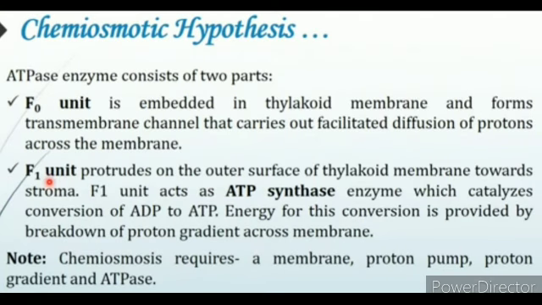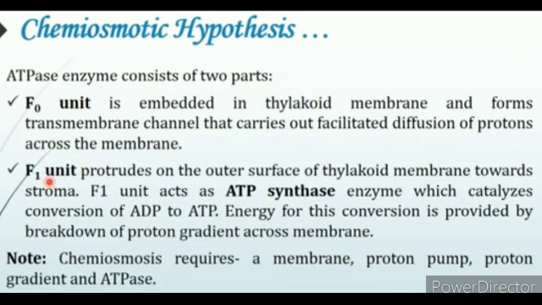ATPase enzyme consists of two parts. The F0 unit is embedded in the thylakoid membrane and forms a transmembrane channel that carries out facilitated diffusion of protons across the membrane.